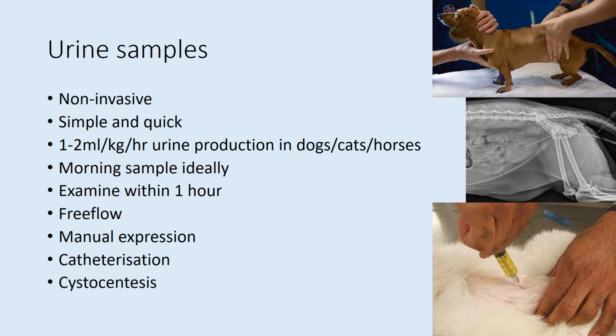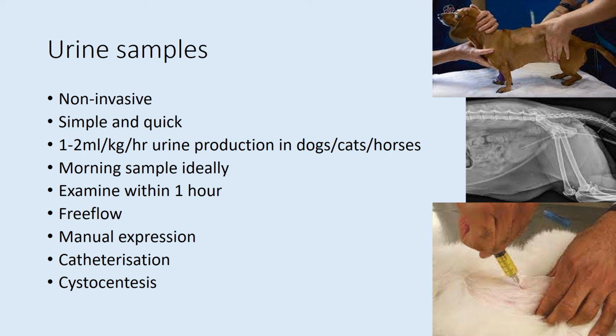There are commercial test kits with sort of funnels available, and for cats as well, it can be that the owners use a non-absorbable litter. In practice, we might use that as well if we have a cat that's long time hospitalized in order to collect those samples. So we can use non-absorbent litter, which we can then transfer into a universal container. Now this is a non-sterile method, so it's not suitable for microbial testing, so looking at the bacteria in a urine sample, for example, because that can have some environmental contamination.